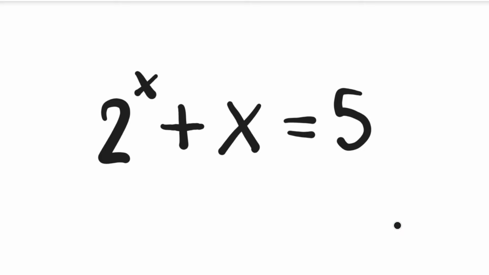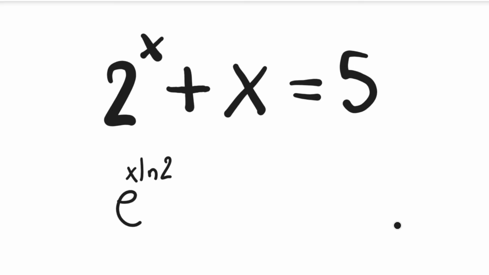This is not e to the x, but it's something similar. And we can rewrite 2 to the x as e to the x times natural logarithm of 2. I'm going to write x before natural logarithm of 2, and then we keep the rest of the equation as is.